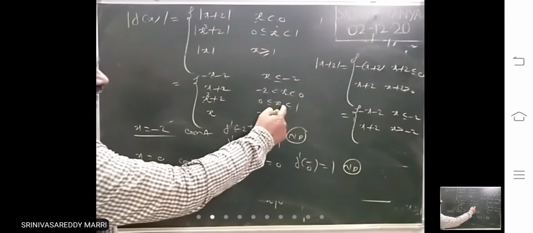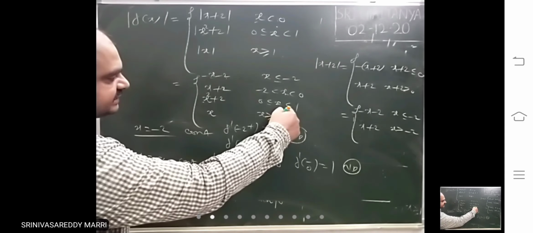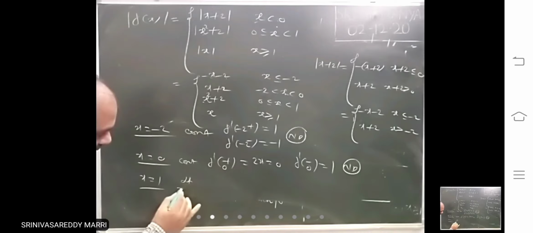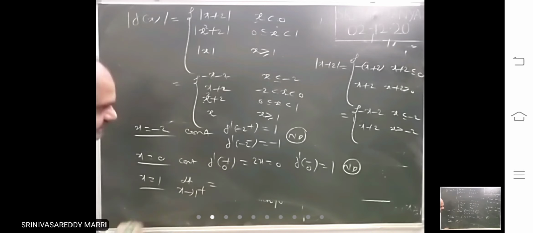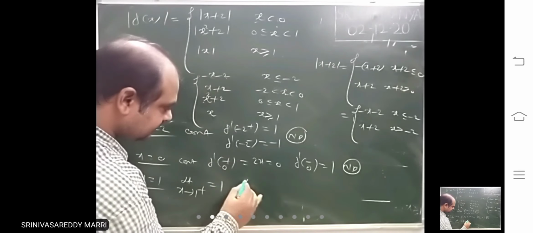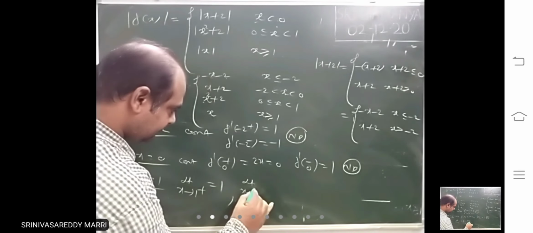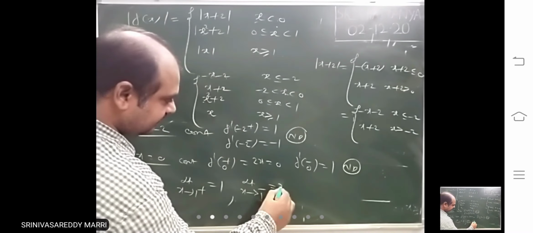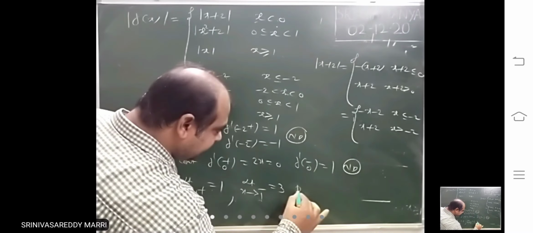At x equal to 1, look at the limits. At 1 plus, the right limit is 1. At 1 minus, it is 3. Therefore discontinuous.